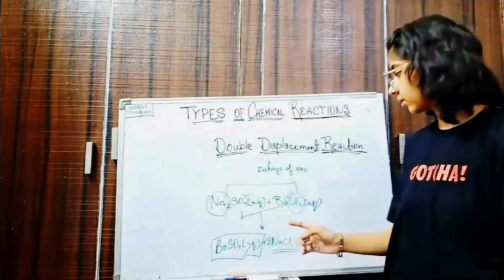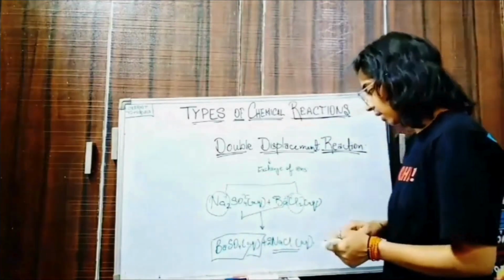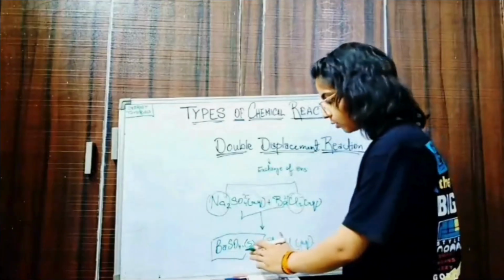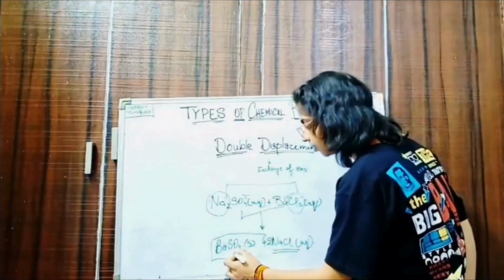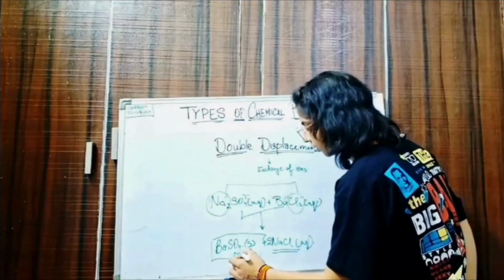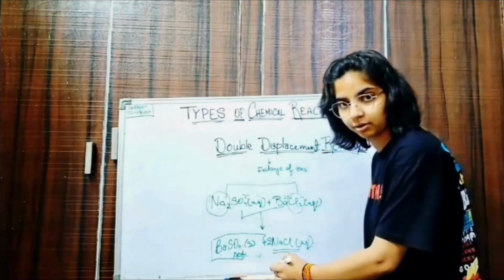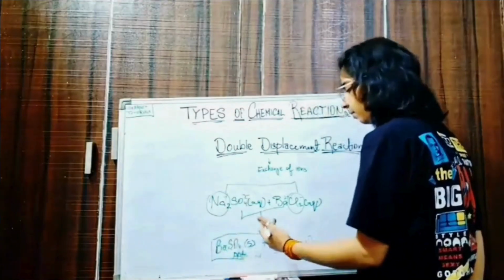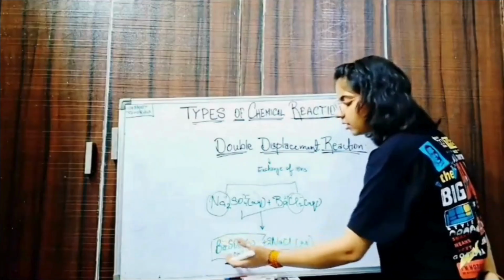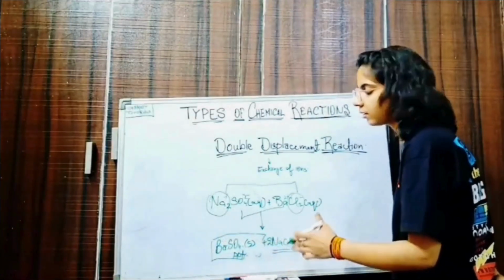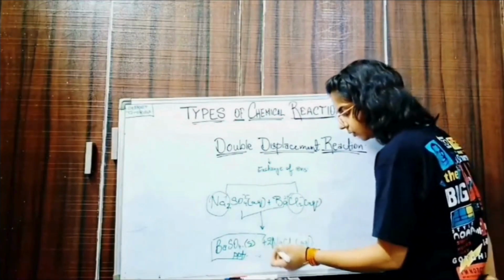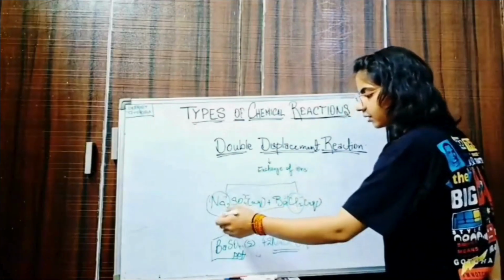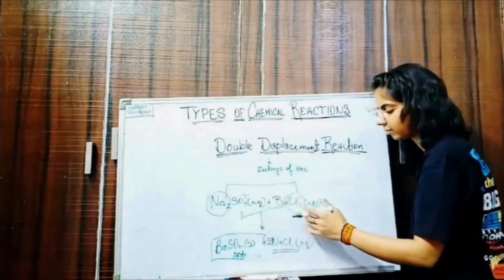A very important thing in this is that this BaSO₄ is obtained in solid state and it will form a white precipitate. What is a precipitate? I have already told you, right? A precipitate is the solid insoluble part or component of the product in any reaction. We had taken the aqueous solution of sodium sulfate and barium chloride.